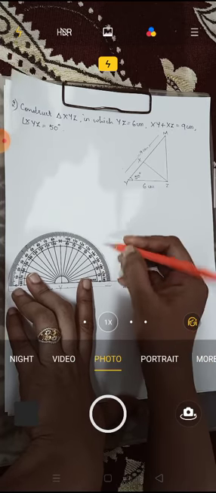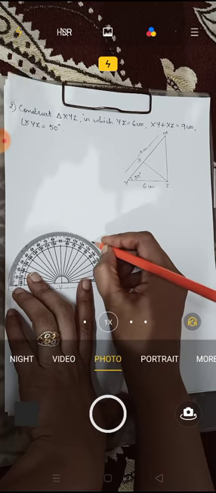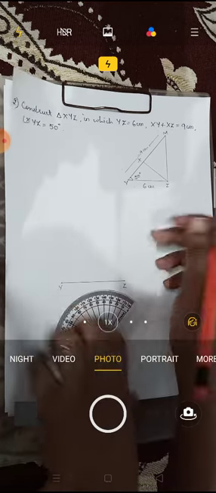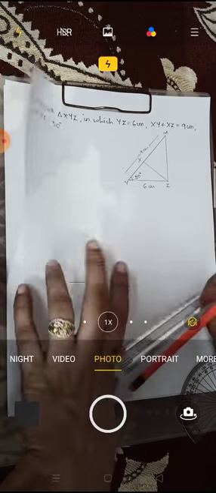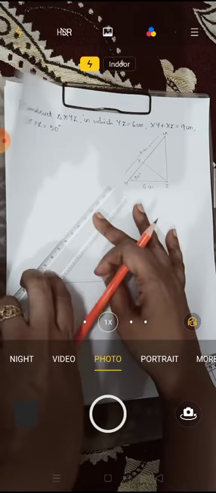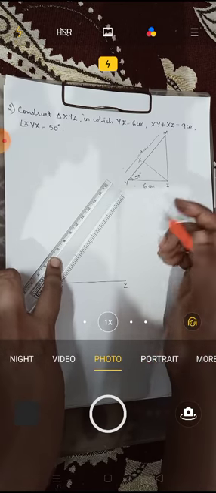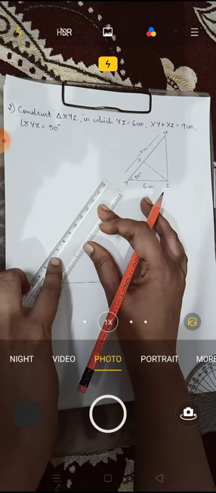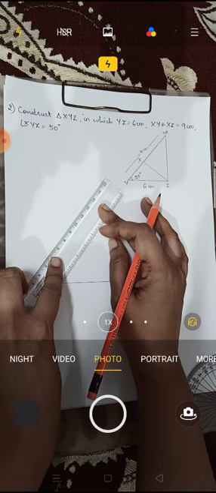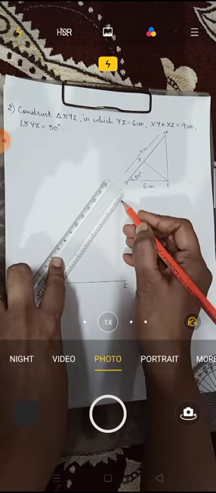How much? 50 degree. You can extend the line.